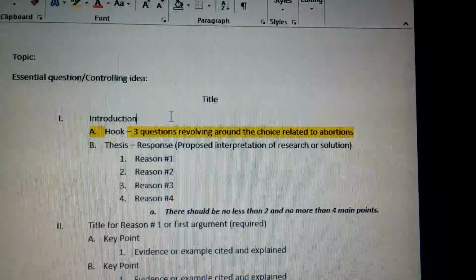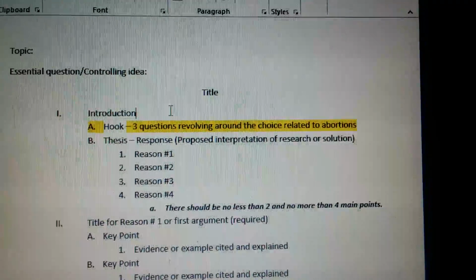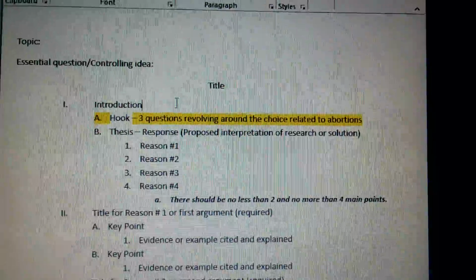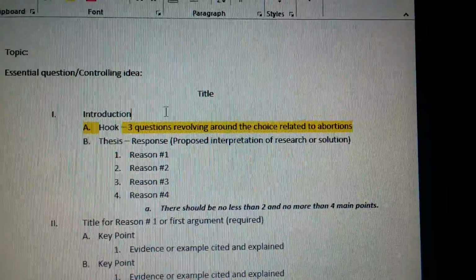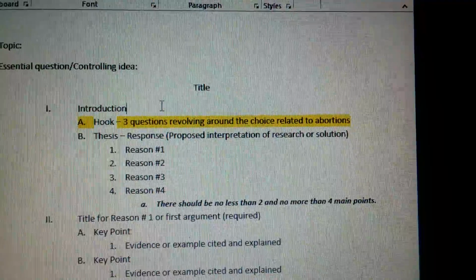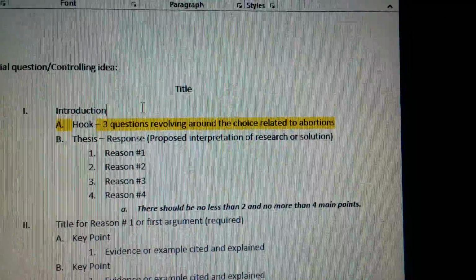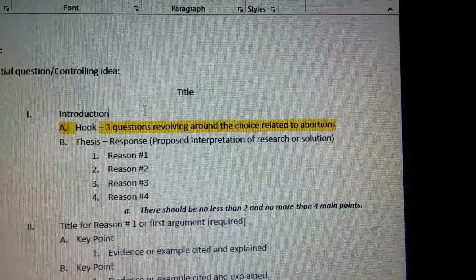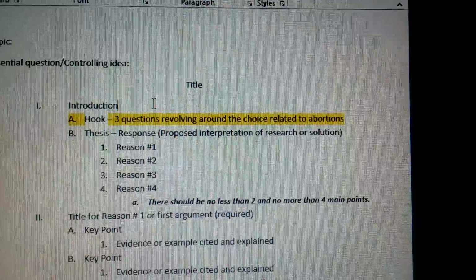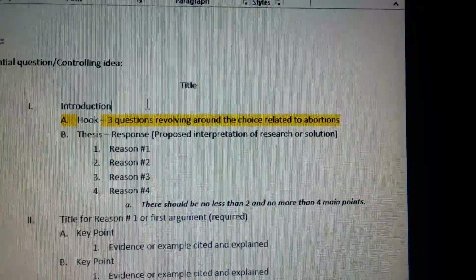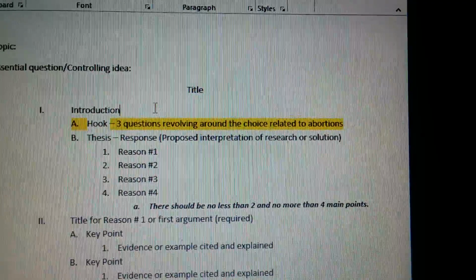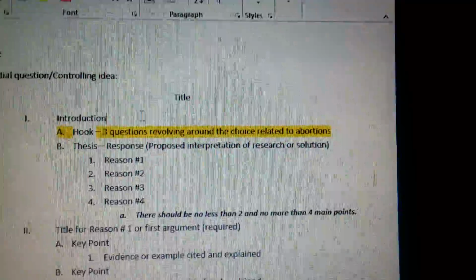Have you ever thought about picking between ending or letting a life continue? And then finally, you can ask a third and final question saying, how many people do you think struggle with this situation every day? Okay, so those would be the 3 questions I would ask as a part of my hook.